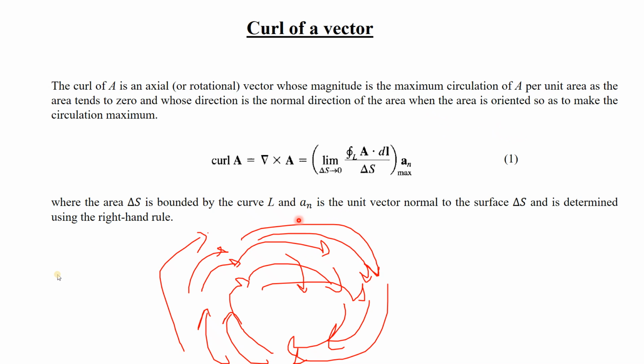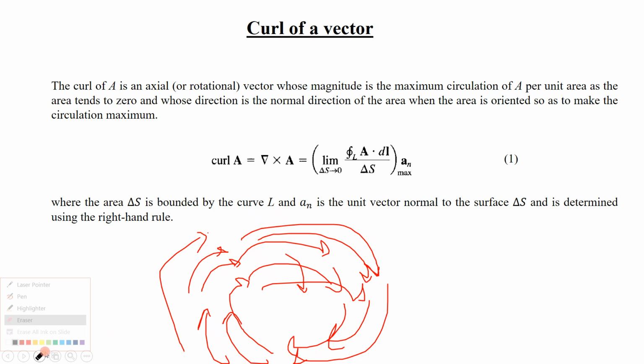So that means the maximum circulation of A per unit area as the area tends to 0. Suppose there is a surface area like this. We have to measure how many circulations are there per unit area, the circulation of the vector A per unit area as the area tends to 0. That means the area is shrinking.